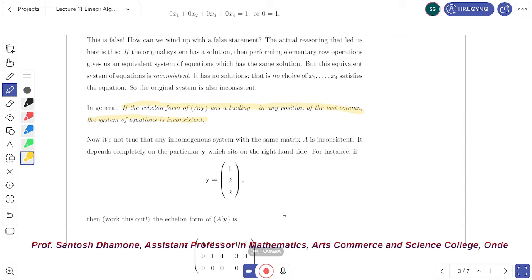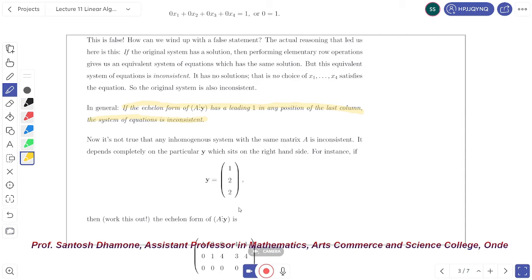For instance, if y is equal to 1, 2 in the given system, if we take the right hand side equal to 1, 2, then work this out.